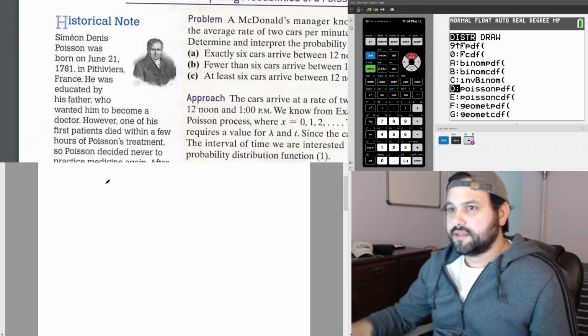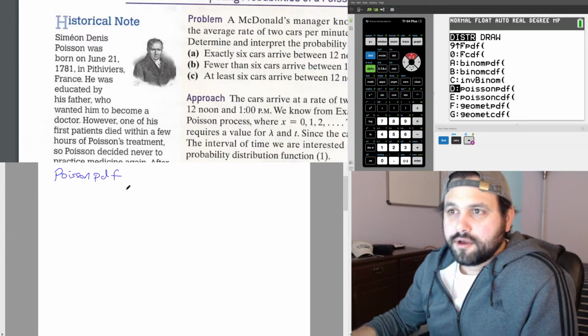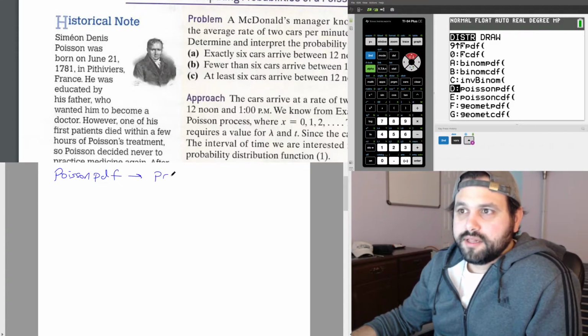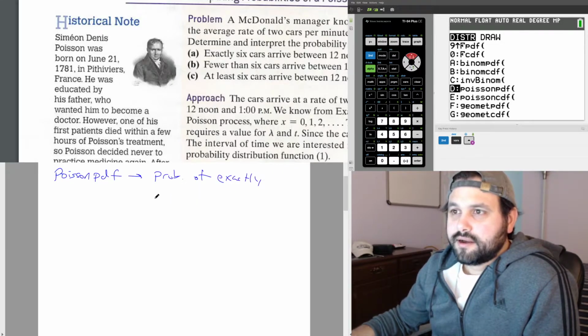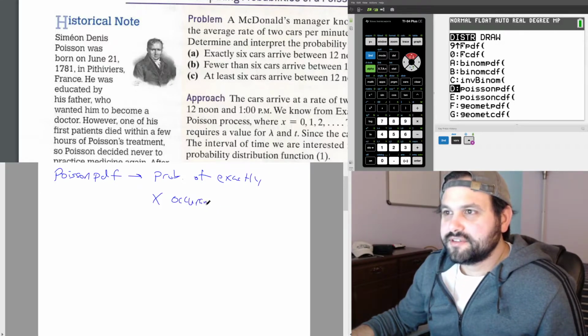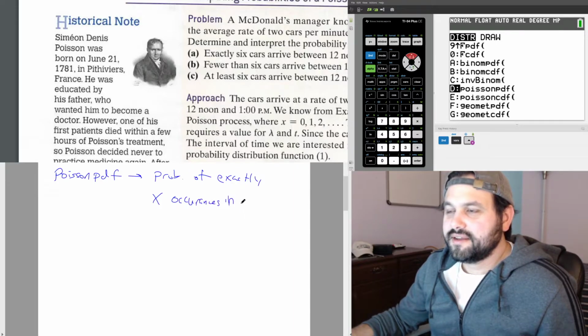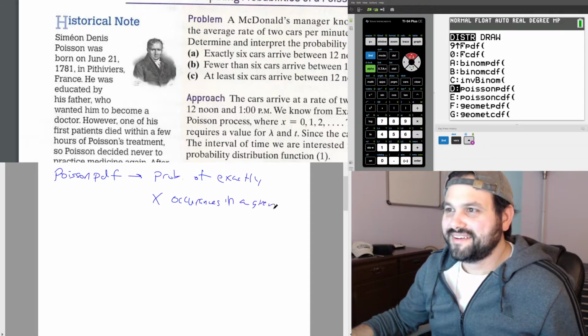So again, let's go over what these mean. Poisson PDF would be the probability of exactly X occurrences in a given interval.